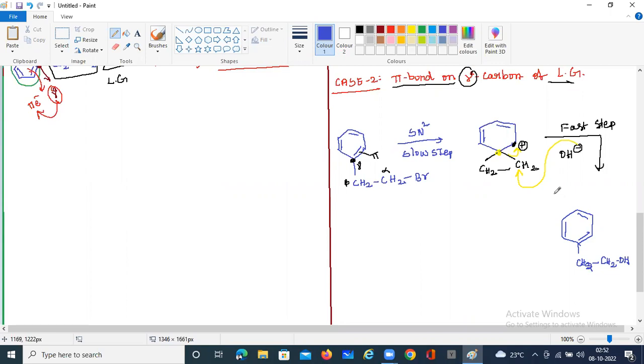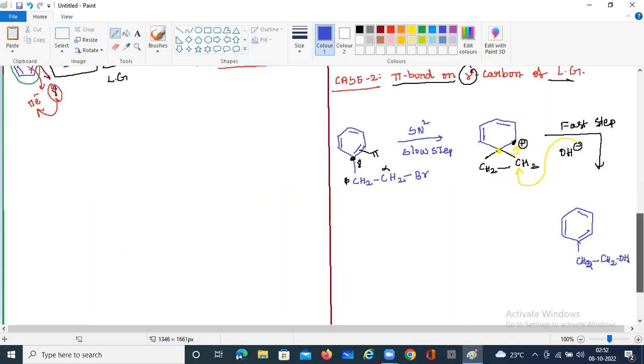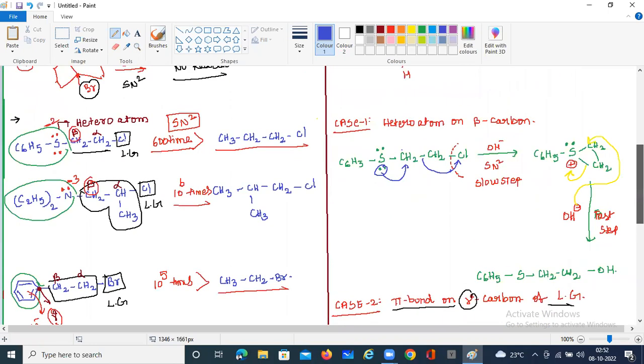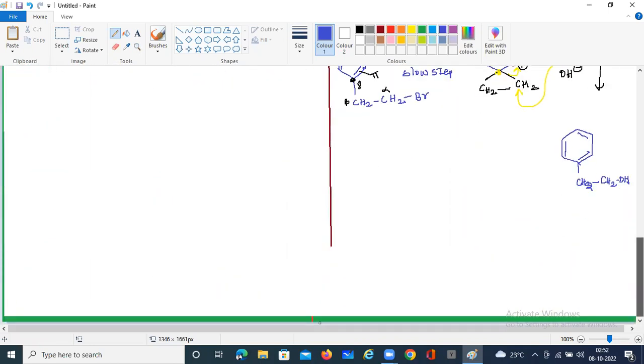So this is case 2. Now check case 2 example properly, and this is case 1. Okay, let's go to the next one.